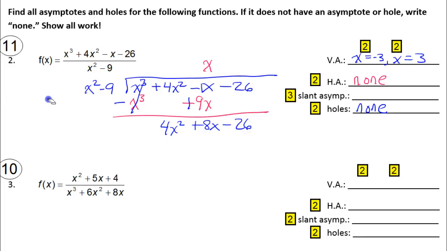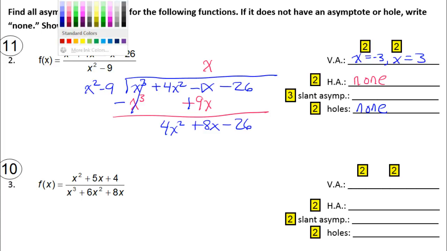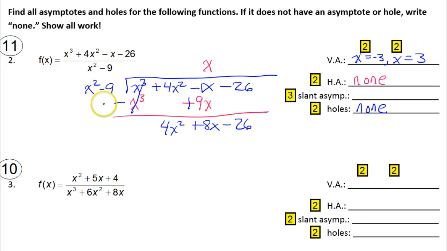Now it's time to start all over again. So again we divide the first term of each. We are dividing 4x squared by x squared. The x squares cancel out and give me 4. So my next term is 4.